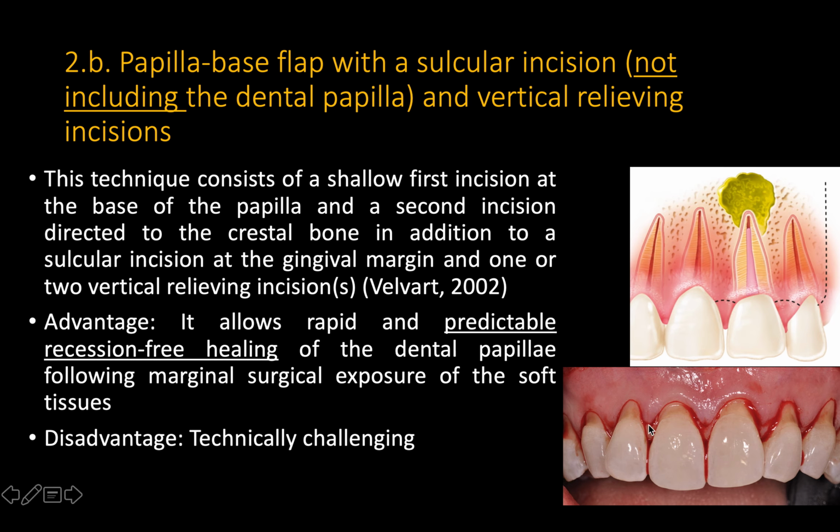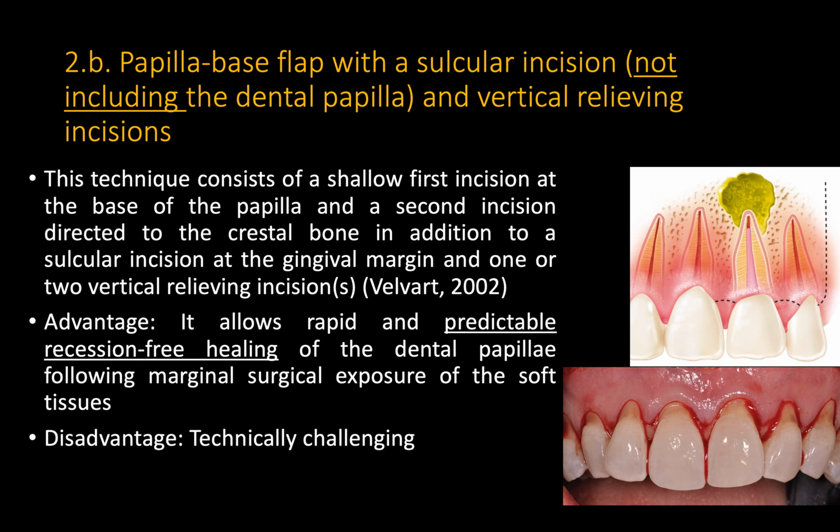Now, when you reflect this flap, as you can see, the papillae are left in situ, and only the base of the papillae and the gingival margins are reflected. This will provide predictable recession-free healing in the dental papilla area and will not produce black triangles at the end of the surgery.